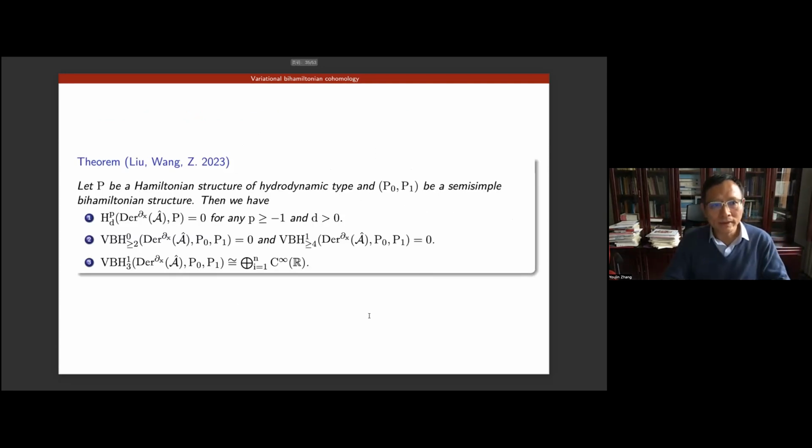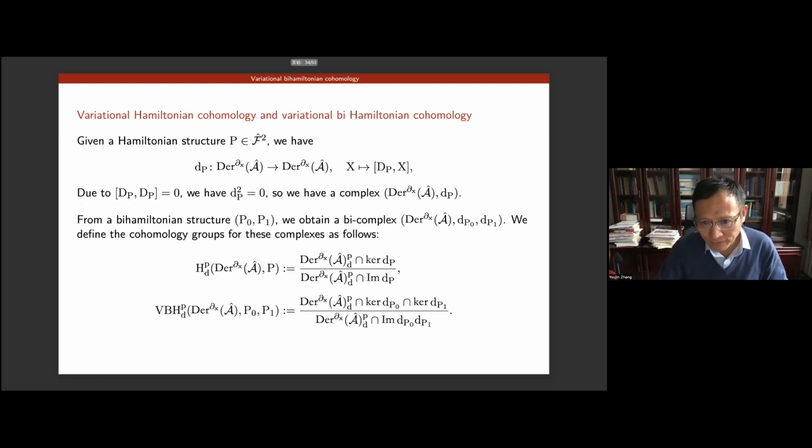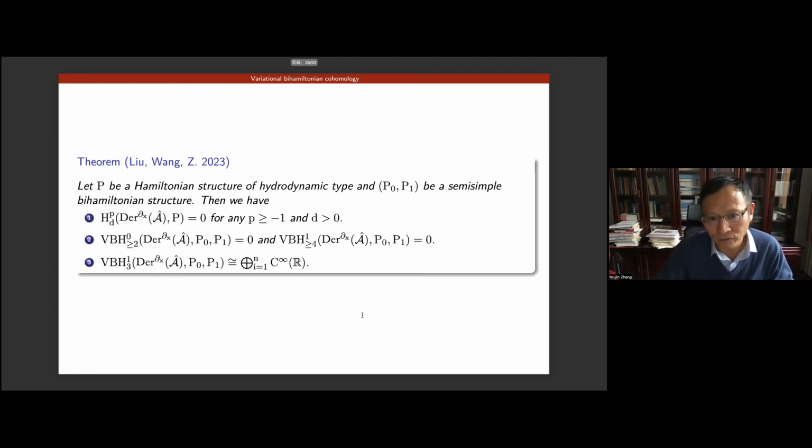Okay. Then the first thing that we need is to compute these variational bihamiltonian cohomologies. And this computation is not trivial, actually it's quite tricky. Anyway, we can compute it by following the method of computing bihamiltonian cohomologies.